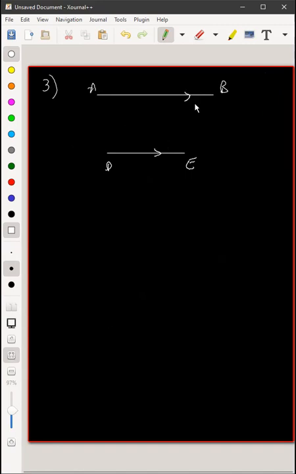Remember, whenever you see signs like this, that means they're parallel. Angle BAC is 35 degrees. And angle CDE is 53 degrees. Find angle DCE. Let's make this X. Let's do this quickly. Tell me.